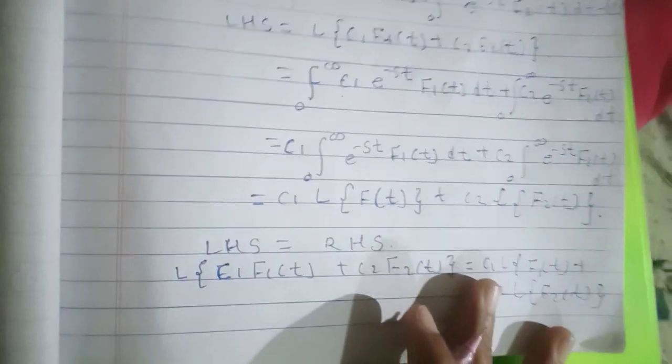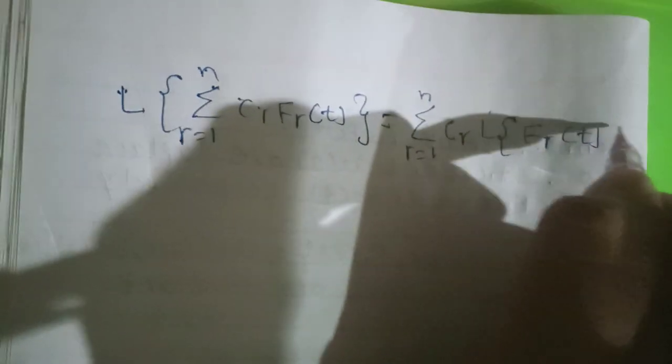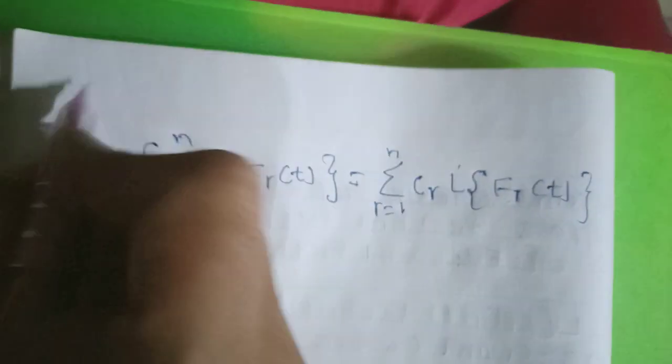We proved the theorem. Then in general, Laplace transform of summation r equals 1 to n cr fr of t is equal to summation r equals 1 to n cr Laplace transform of fr of t. Here is the remark.